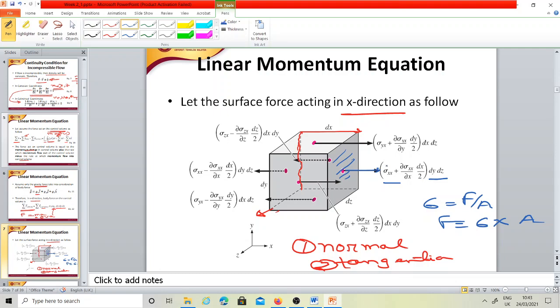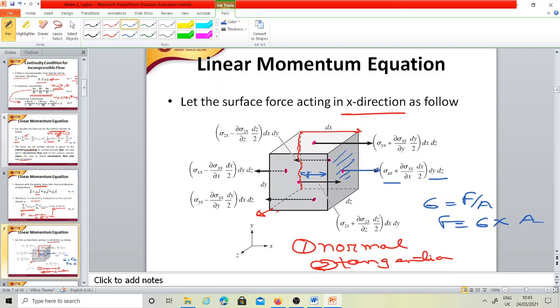Then we have, because sigma x is actually acting at the center of the cube, but now you are focusing on the surface that is at a distance of dx by 2. If this is 0, the center, and the total distance is dx, then half of dx will be from here to here. That distance is dx by 2. So we use the Taylor series expansion.